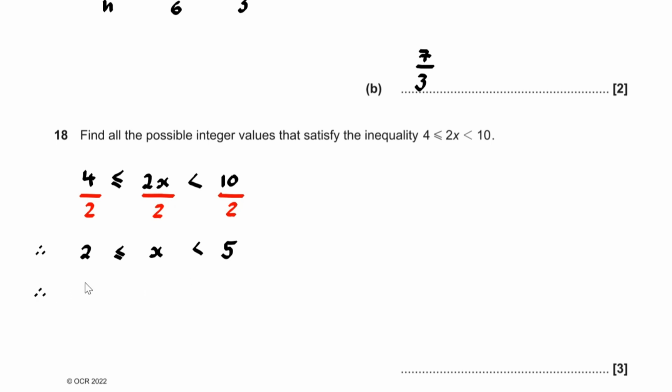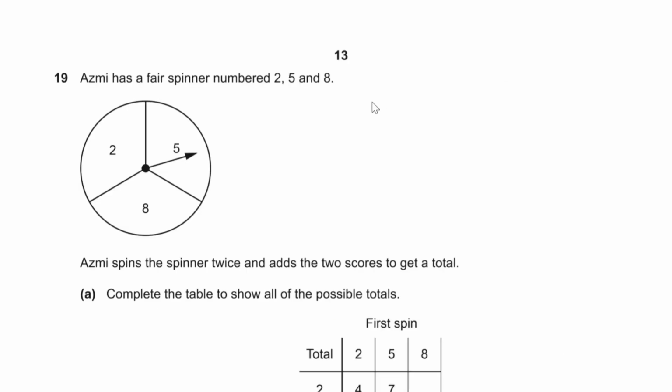So the values we could have are from 2 to 4. So we could have 2, 3 and 4 for x, for our integer values. So we have 2, 3 and 4.